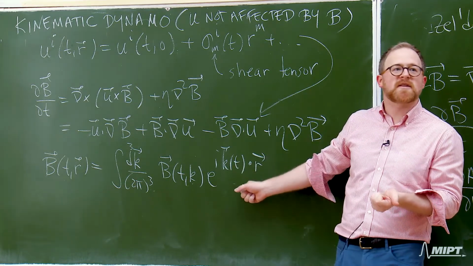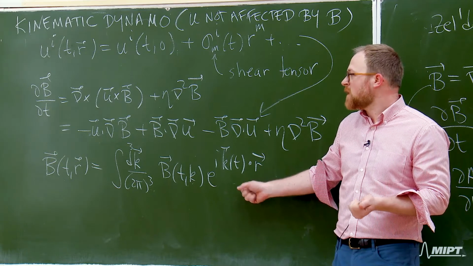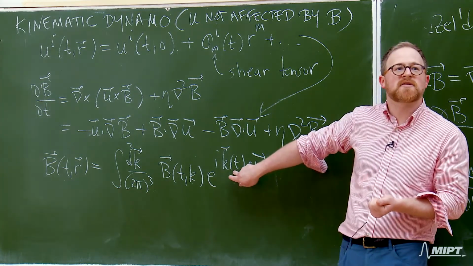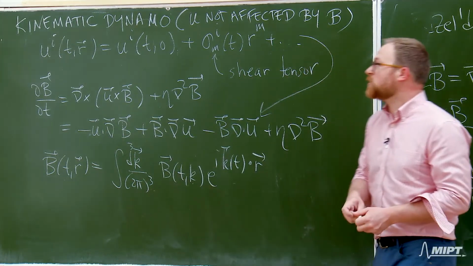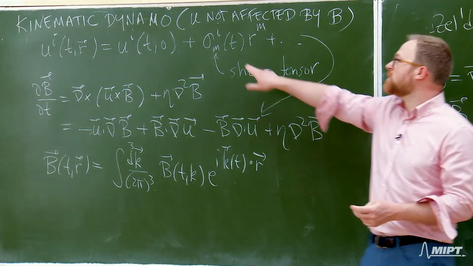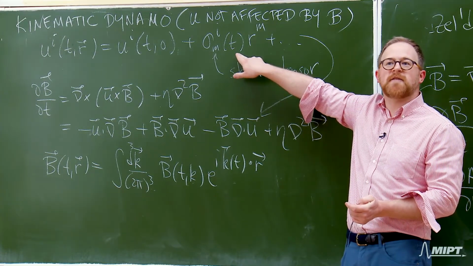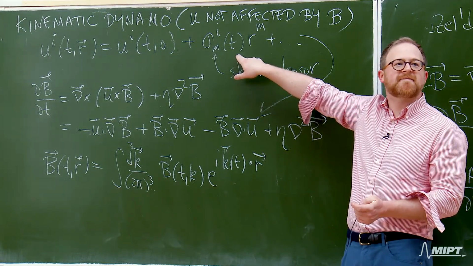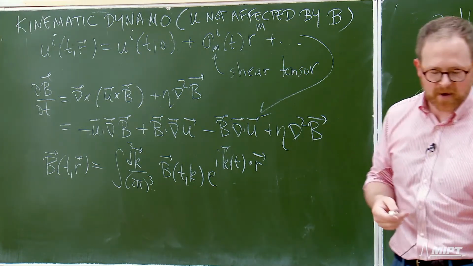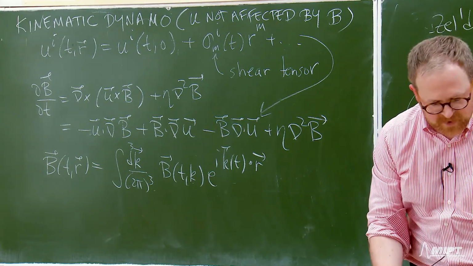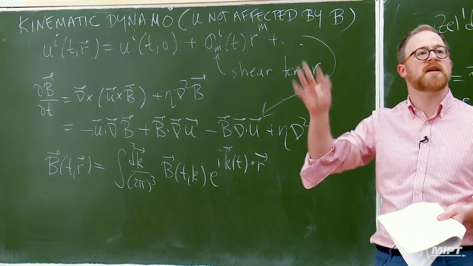So you just substitute this Fourier decomposition in. You get a constraint on how k is supposed to evolve, and you get a constraint on how b is supposed to evolve. And you can actually solve this for certain types of tensors. In the notes, I do it for a very simple diagonal tensor. And you can show that in certain systems, under certain conditions for that flow, the magnetic field grows exponentially.